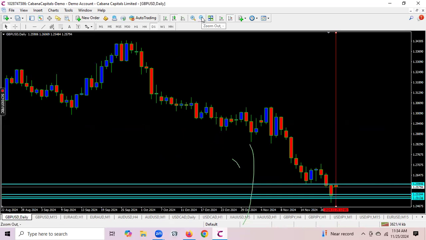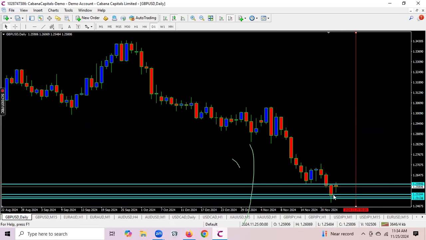You can see last Friday's candle was strongly bearish, and so far today GBP/USD has been bearish. So I'm hoping that price will come and clear this low.